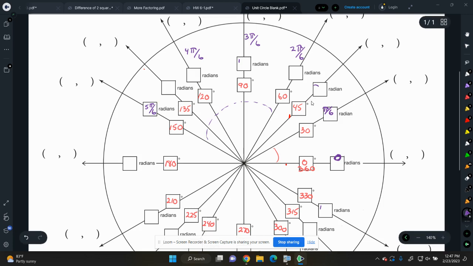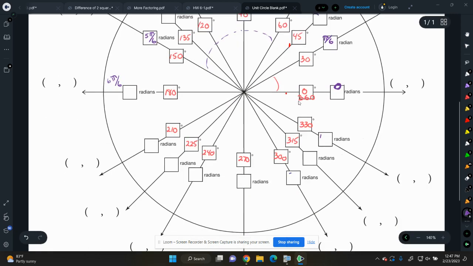And I'm going to just keep doing that. We get to 180, so that's 6 pi over 6. Another 30 degrees, it's 210, that's 7 pi over 6. Another 30 degrees brings us to 240. That's 8 pi over 6. Another 30 degrees brings us to 270. That's 9 pi over 6.